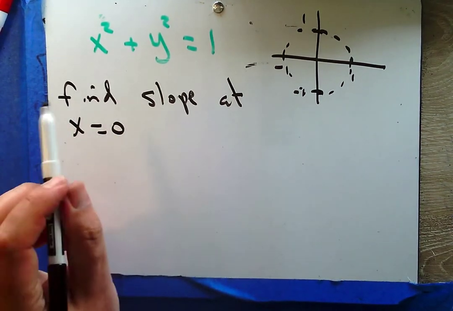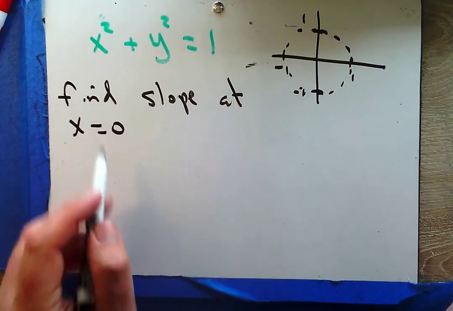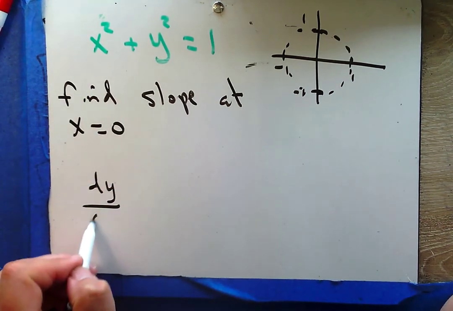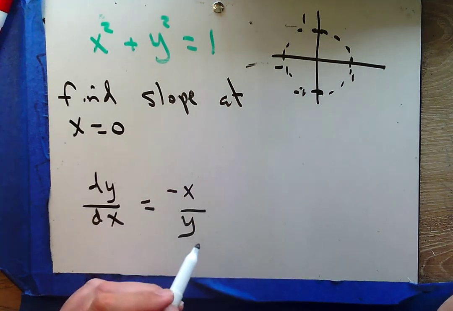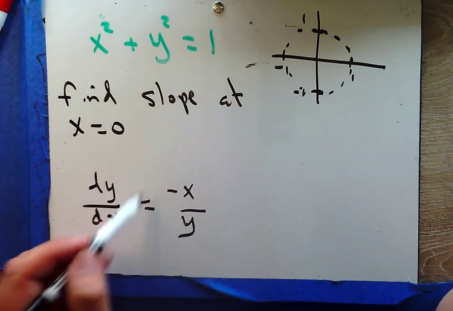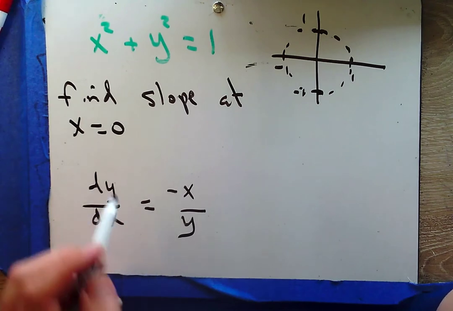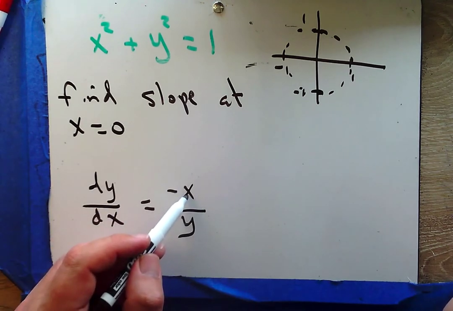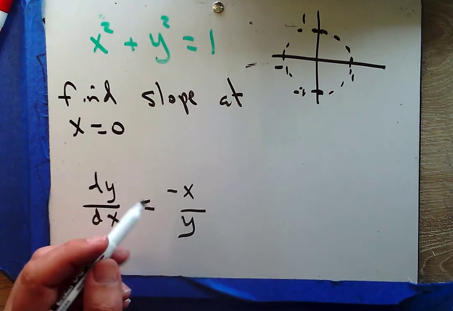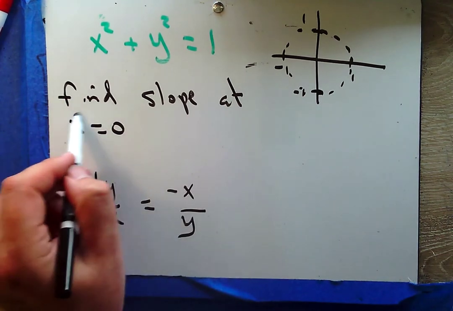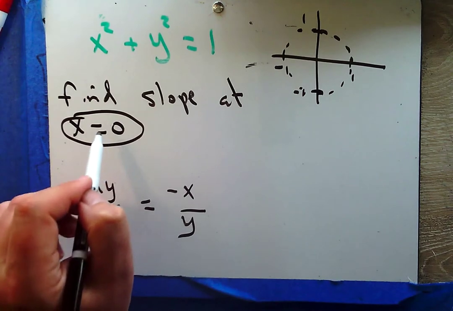Okay, so now notice here, we've already solved for this, right? And we got negative x over y. In order to evaluate this derivative, it's not just an x value I need to plug in, but an x value and a y value. So I need to find the y value that goes with this.